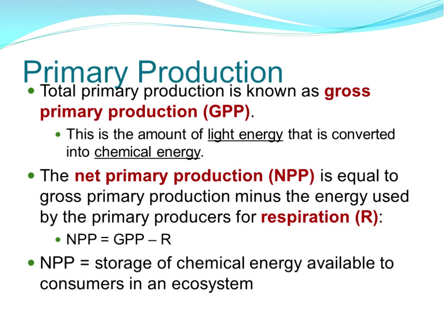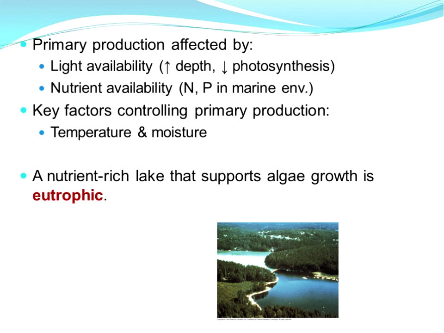So the NPP actually becomes what is available to the consumers, because not all of that light energy that's harnessed is actually going to be converted into usable chemical energy for those consumers. So that's something to keep in mind, because there is respiration in the process itself.